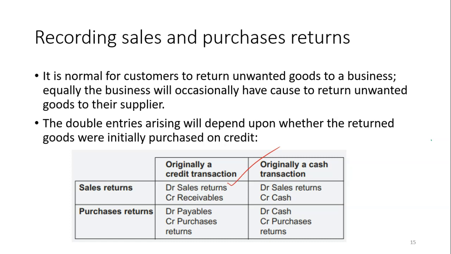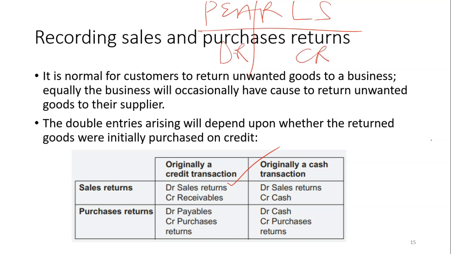Sometimes it is an expense, because when they come, it's almost like an expense to us. So we are going to debit, and you know that from the POs acronym, the expenses are on the debit side. Whenever we are incurring an expense, we have to debit.